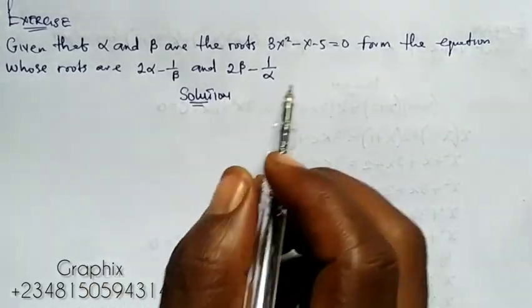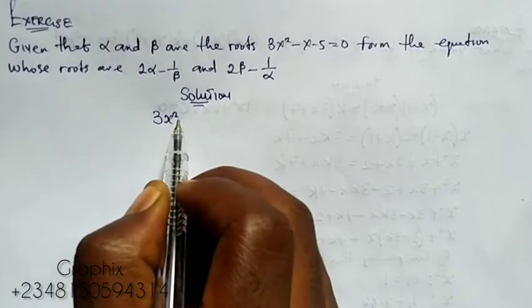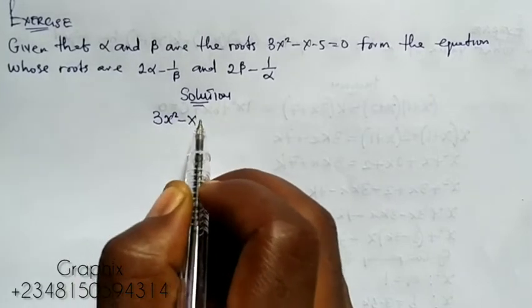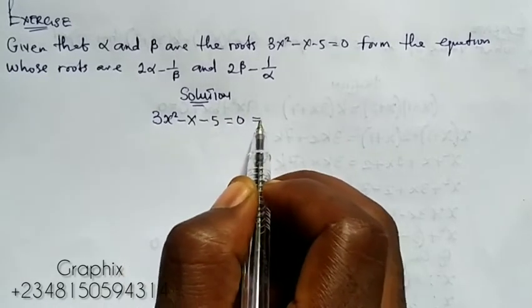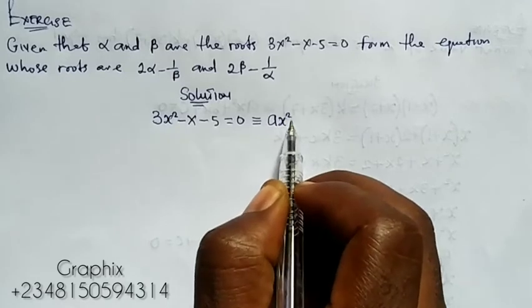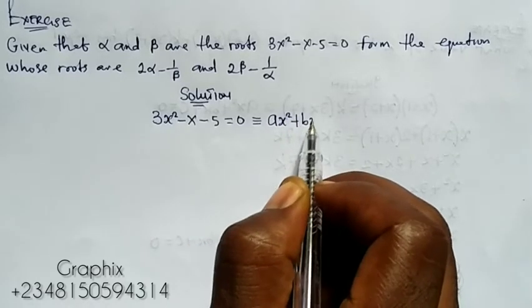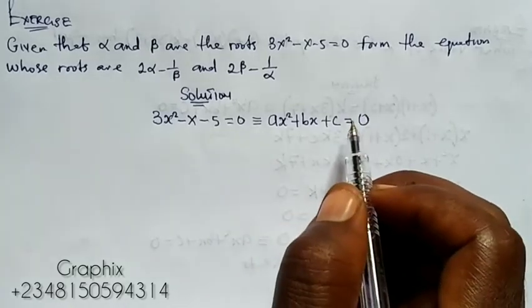we know very well that 3x squared minus x minus 5 equal to 0 is similar to ax squared plus bx plus c equals to 0.